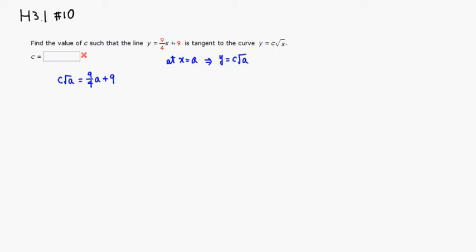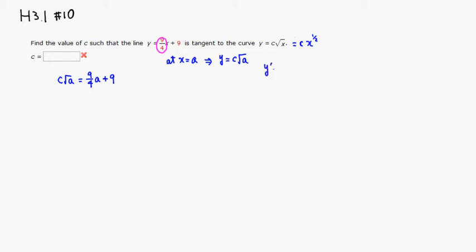Another thing we can do is we know the slope. Slope actually shows up right here, and the derivative tells you about the slope of the tangent line, so we can take the derivative of this. First, I don't like square root, so I'm going to write it as a 1/2 power. Then we can take the derivative.